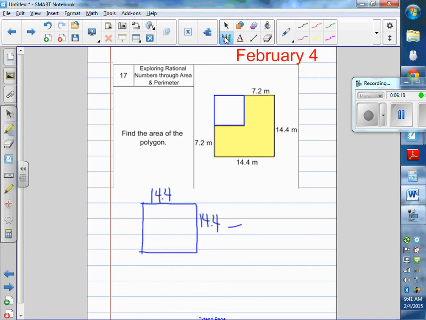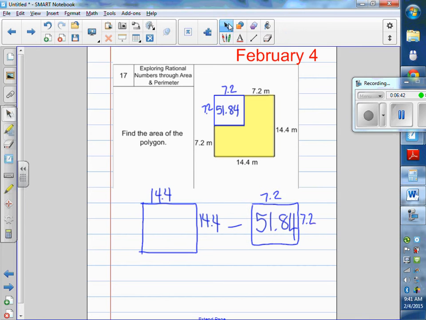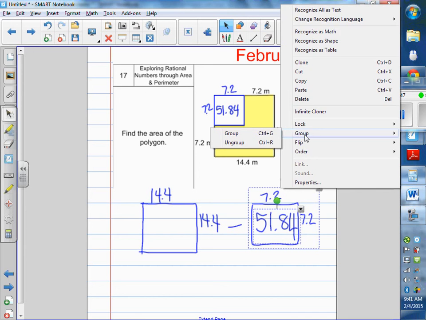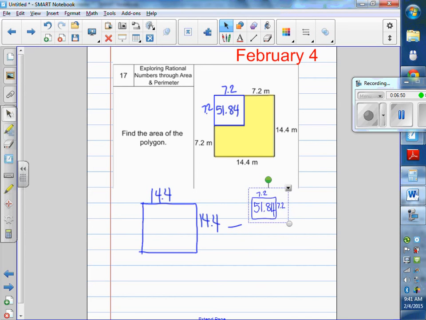Which we already figured out on the other page was 51.84. Because that was the small square. They did the big square, and they subtracted out the small square.